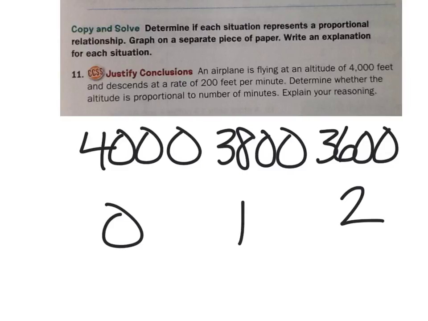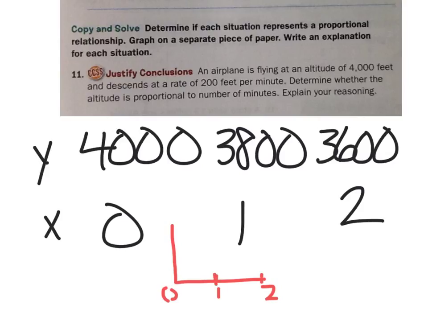Now, I'm going to say that the time is x and the elevation is y. So now if I make a little graph right here, and if I say that's 0, of course, and then we have 1 and 2.